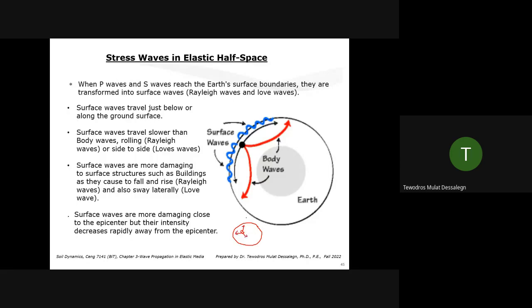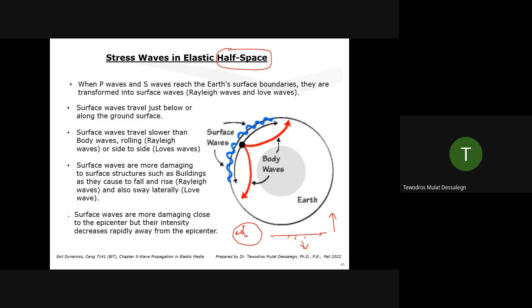But now we're going to talk about elastic half space. When we say half space, we're talking about below the ground surface. This is the ground, then below. So we're considering half of it. And the other half, which is above in the air, you don't have. So that's the name, elastic half space. And when we say half space, that's what we mean.